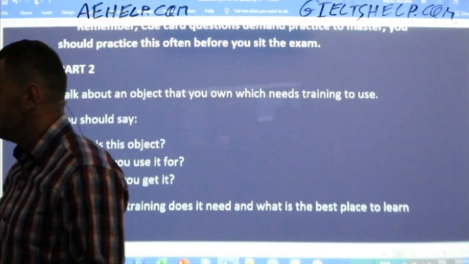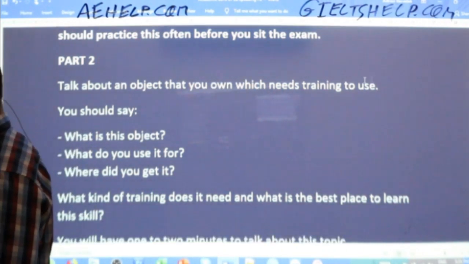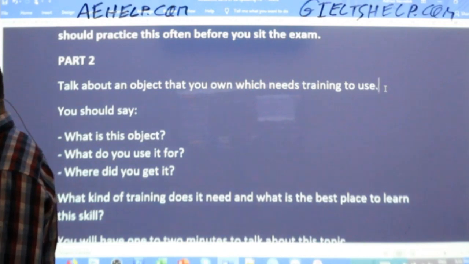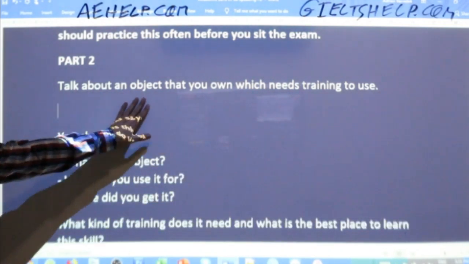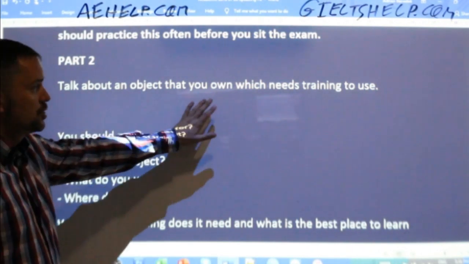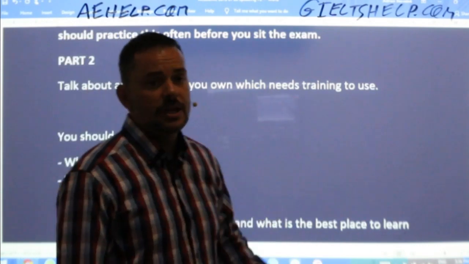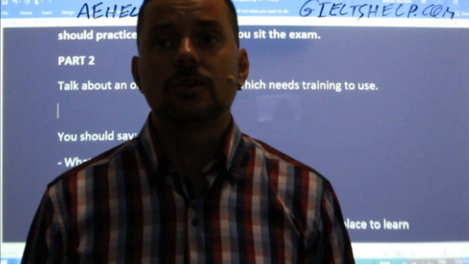All right? If I think about this sentence here, then the clear first sentence is, I have a beautiful pen which requires a fair bit of training to use. That would be your band 9 start.